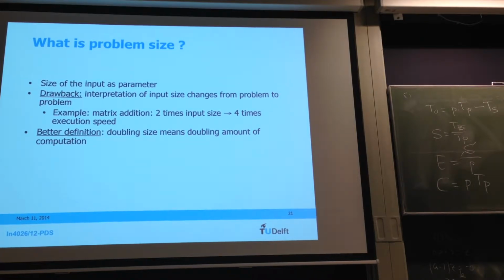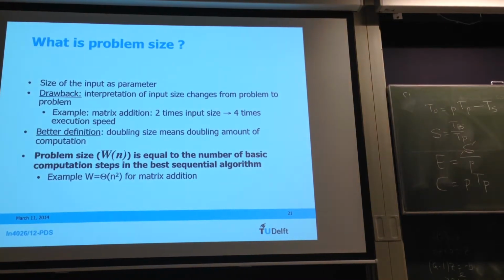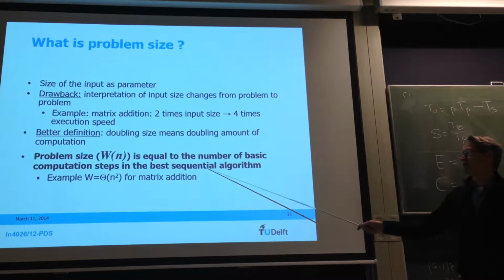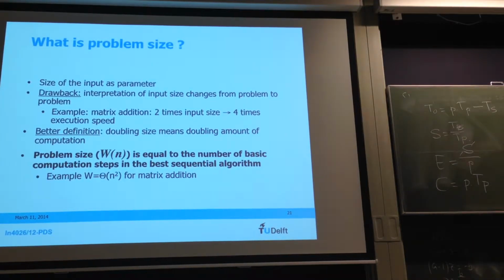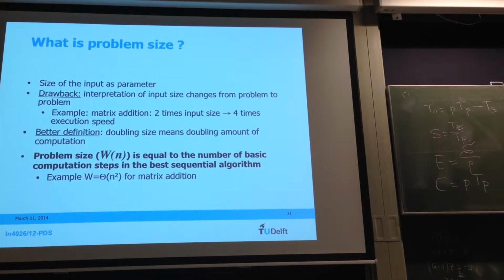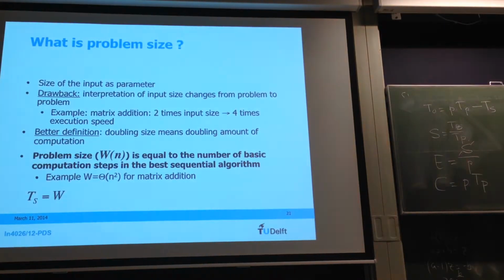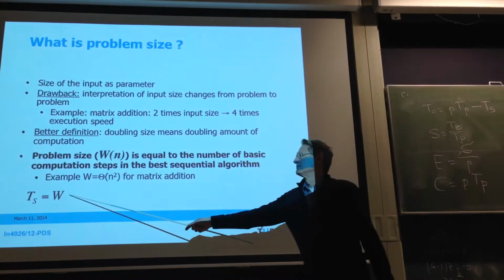So having the input size as a parameter is not very handy. So what we use is the problem size, Wn, which is equal to the number of basic computational steps in the best sequential algorithm, which for the matrix addition is order n squared. In that case, if we equal the number of steps to problem size, then we can also equal the sequential execution time to workload, right?